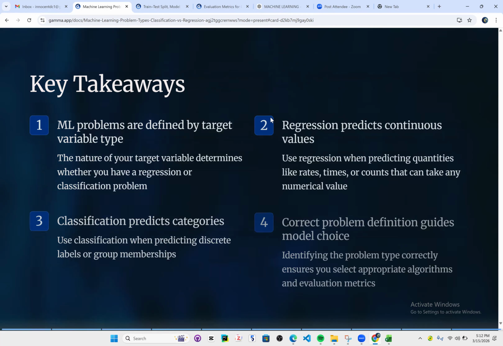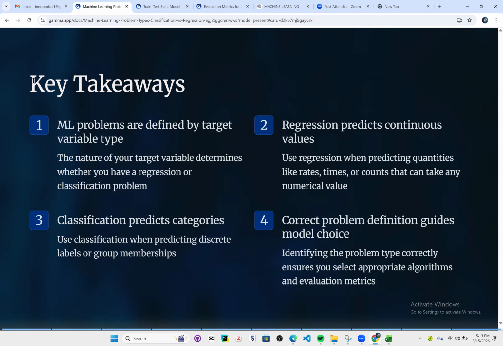Some of the key takeaways I want you to take from this session: machine learning problems are defined by target variables. That is how we define them, based on our target variable. We don't really look at the features. The nature of the target variable will determine whether you have a regression or classification type. Regression predicts continuous values. We use regression when predicting quantities like rates, times, or counts that may take any numerical value.